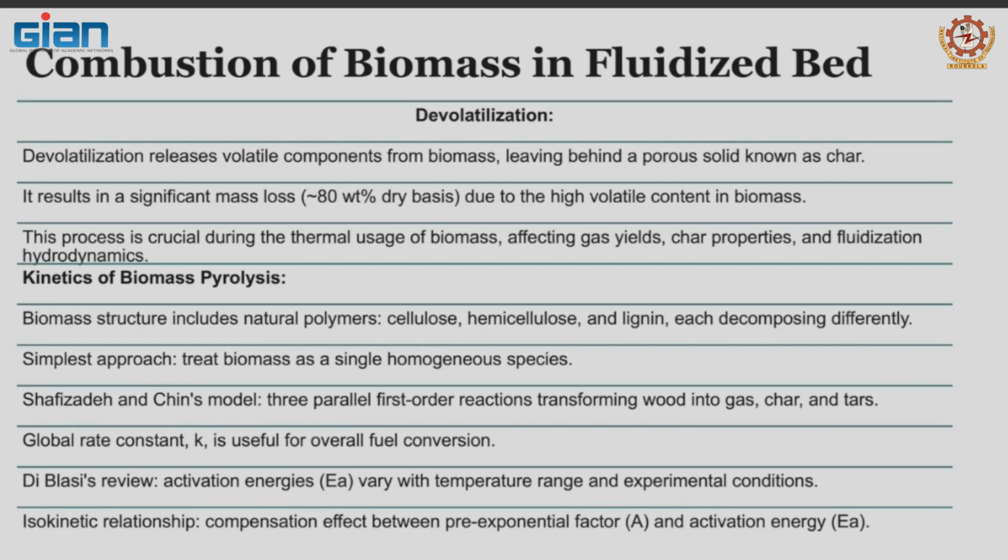Okay, they burn differently. So in our treatment, however, the simplest approach is to say, to heck with it. We assume that it's homogeneous and everything happens at the same time. So you use Shafizadeh and Chin's model that you have three parallel, but they're first order reactions, okay?